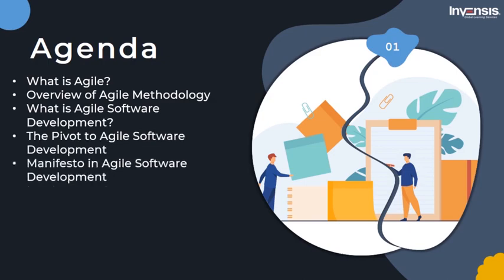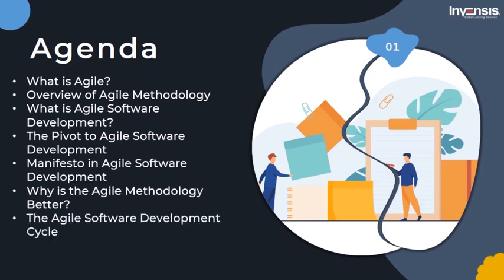Post that, we shall look into the manifesto in Agile software development. After that, we shall discuss why is the Agile methodology better, and continue to learn the Agile software development cycle, and end the session by discussing Agile development models. Sounds interesting, right? Now without further ado, let us begin the session.